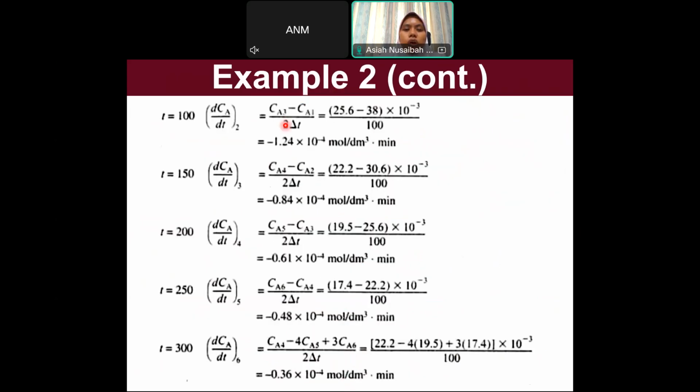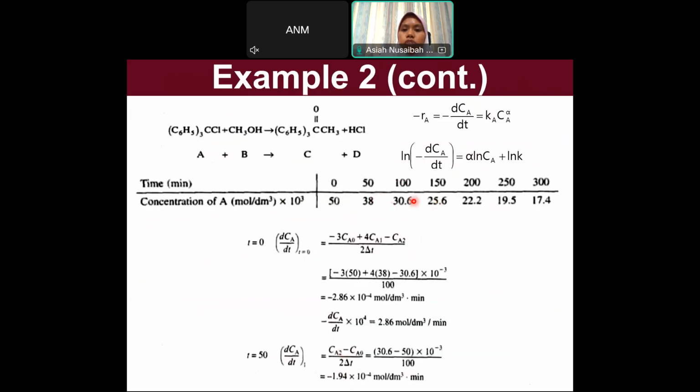Now we do it for all points except the final point. So we have 7 data, 1, 2, 3, 4, 5, 6, 7. With 7 data, we're going to have 6 dCA over dt. Similar to the graphical method just now, if we have 7 data, then we will draw 6 histograms.